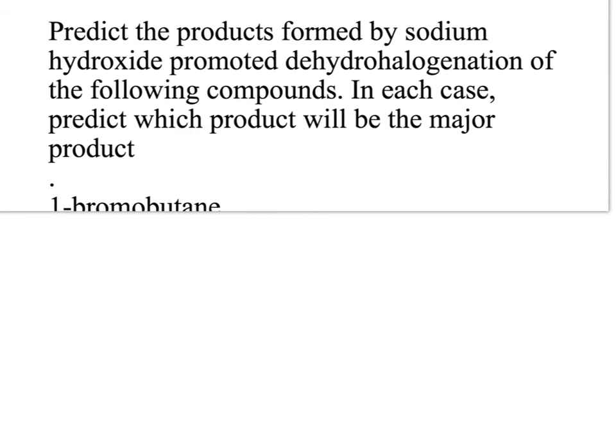Predict the products formed by sodium hydroxide promoted elimination. Okay, so these are our compounds. So 1-bromobutane. So let's draw 1-bromobutane and sodium hydroxide. This is a primary alkyl halide, and you just look for the neighboring carbon.